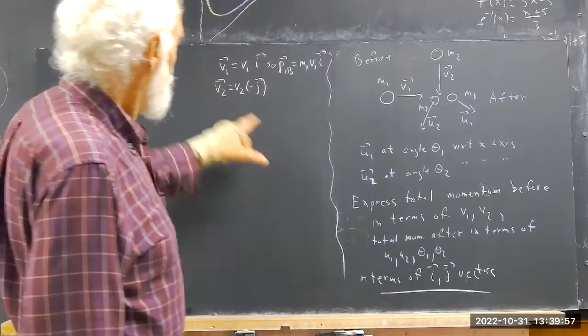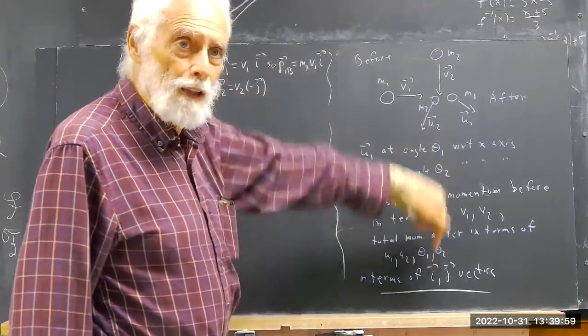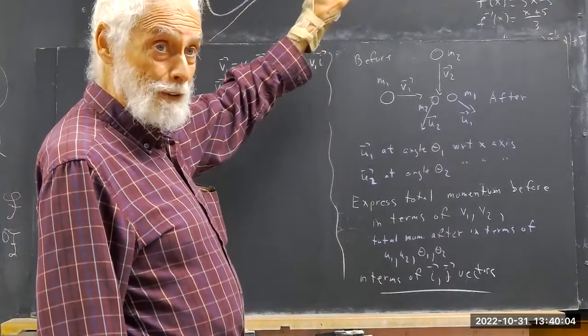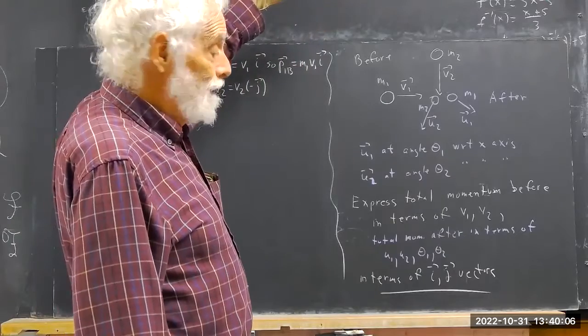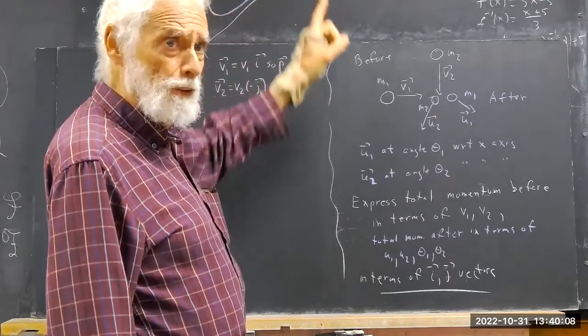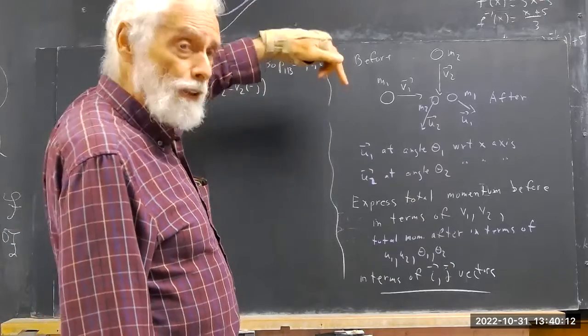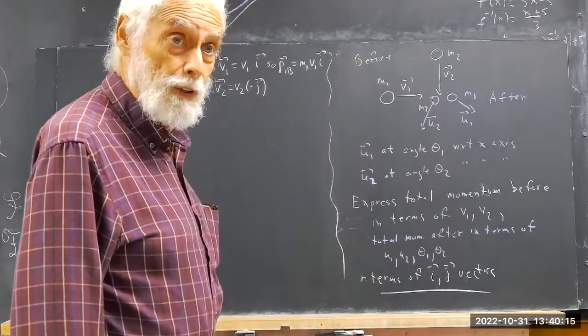Okay, and then V2 is the magnitude of V2, in the negative y direction. The J vector is in the positive y direction, and the negative J vector is the one in the negative y direction.